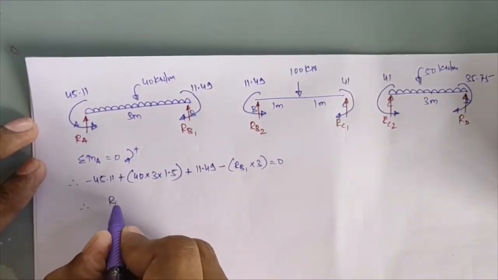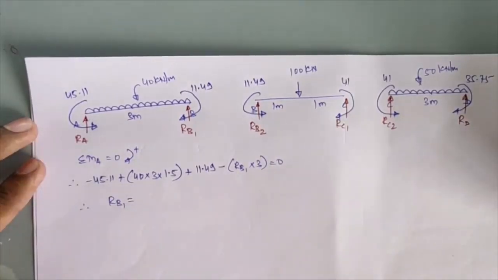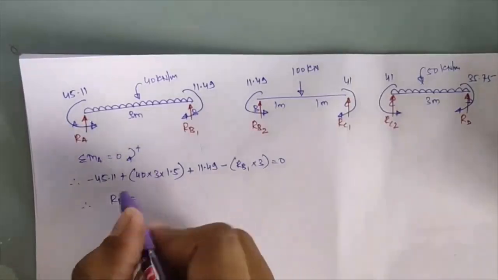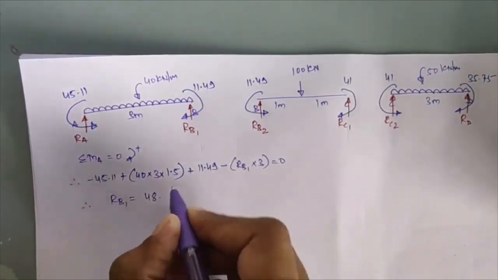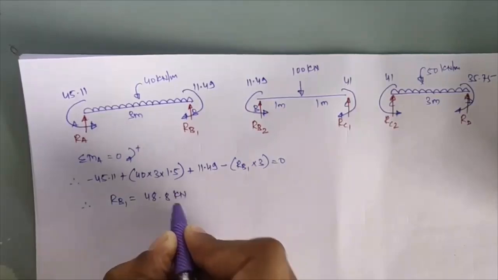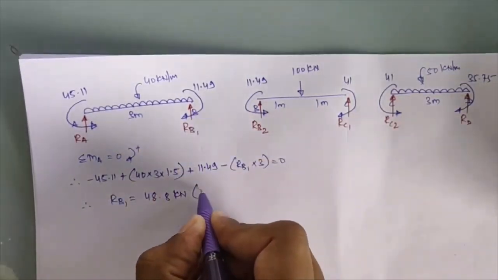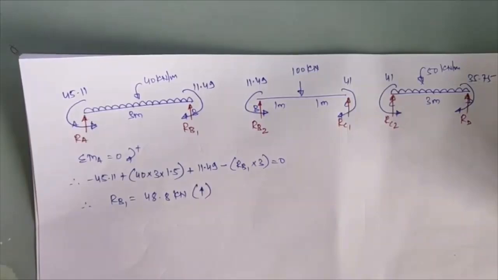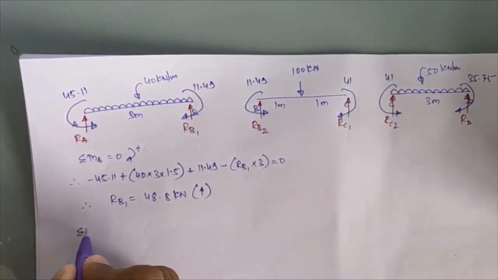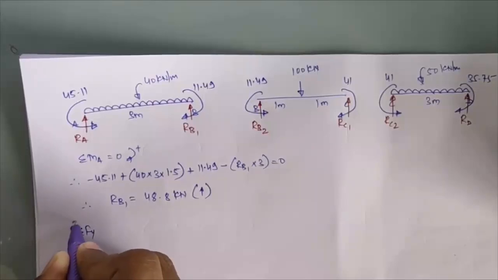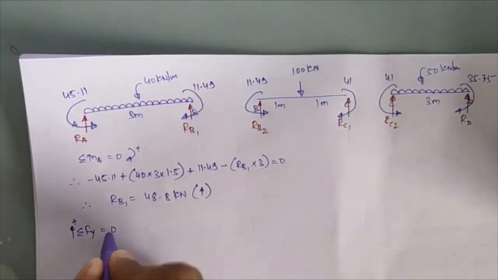So if you calculate RB1 from this, you will get that RB1 is equal to 48.8 kilonewton, and positive you will get, that is your assumed direction will be correct, it will be acting in upward direction over there. Okay, now second condition I will use, that is summation of Fy, considering upward forces positive, is equal to 0.